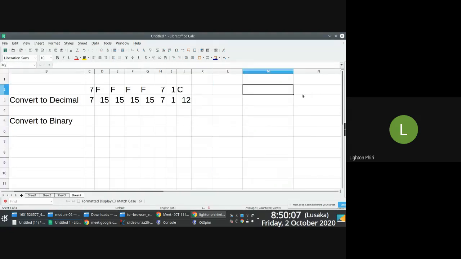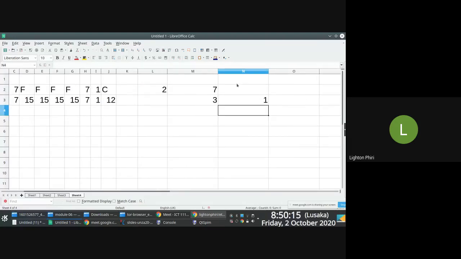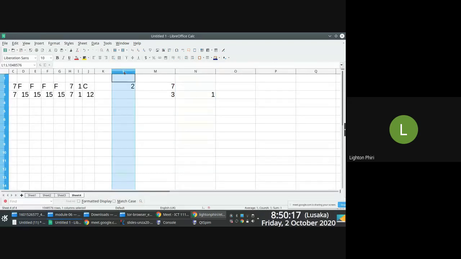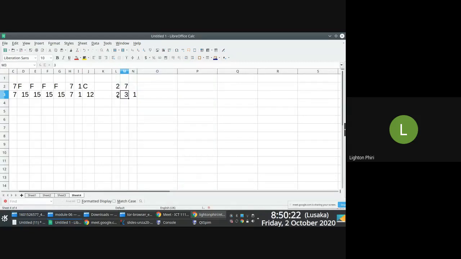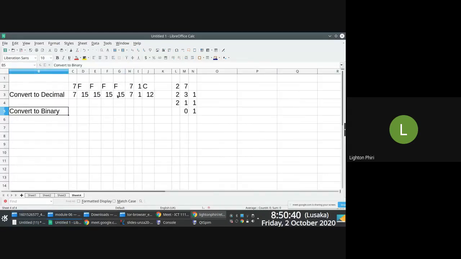So 7, repeatedly divide by 2. 2 into 7, the answer is 3, remainder 1. 2 into 3, the answer is 1, remainder 1. 2 into 1, the answer is 0, remainder 1. What is the answer? 1, 1, 1. So 7 is 1, 1, 1.